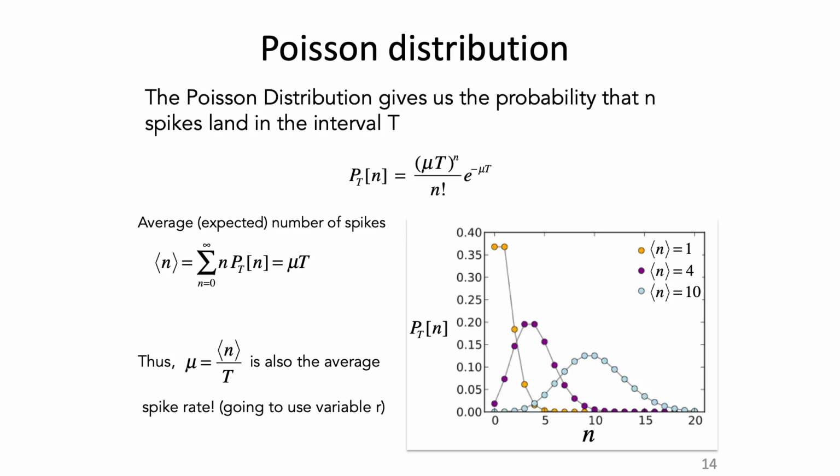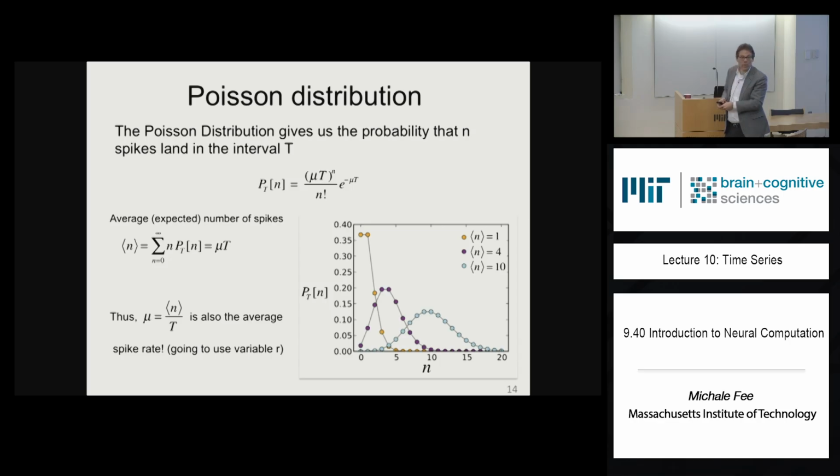You can see that if the firing rate is low enough or the window is short enough such that the expected number of spikes is 1, most of the time you're going to get 0 or 1 spikes, and then occasionally 2, and very occasionally 3, and then almost never more than 4 or 5. Okay?